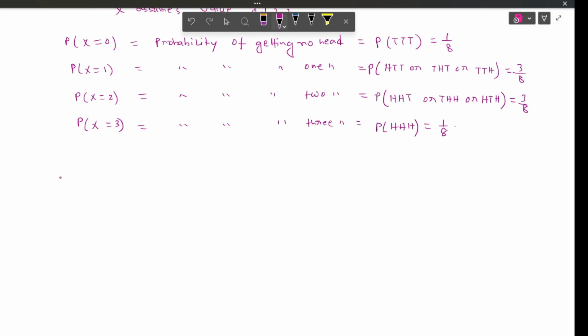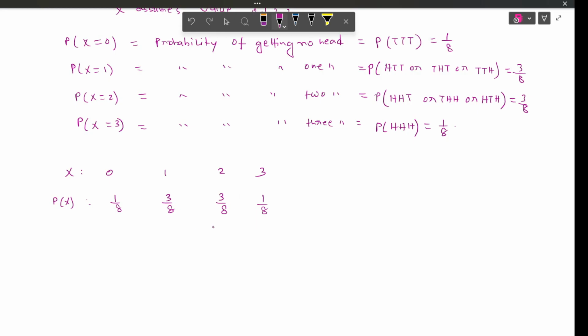So we can write it down in a table. Let us say we have X values that can take 0, 1, 2, 3, and probability of X is: for 0 it is 1 by 8, for 1 it is 3 by 8, for 2 it is 3 by 8, and for 3 it is 1 by 8.